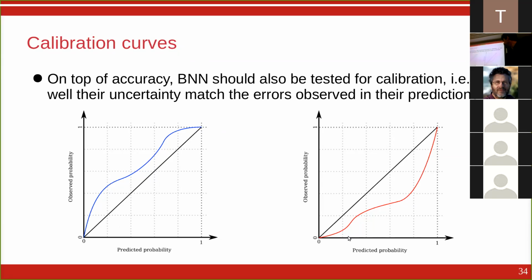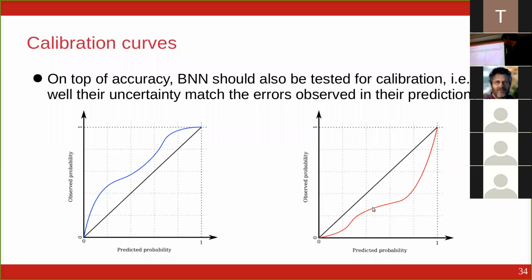And if you give a higher probability than the observed probability, then you are overconfident, and this is also bad. What you want is to be as close as possible to a straight diagonal line in that square, which is a perfect calibration.